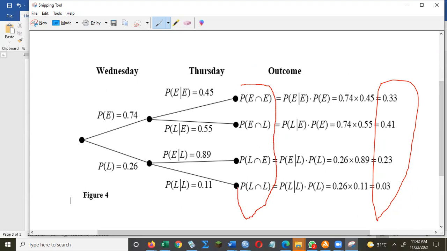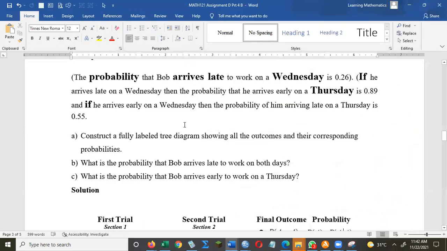Which one signifies late on both days? Anybody? These are the values that you have to use to answer the questions. Don't go back to the tree. Part B says late on both days.